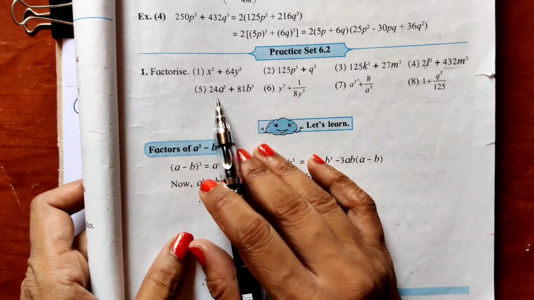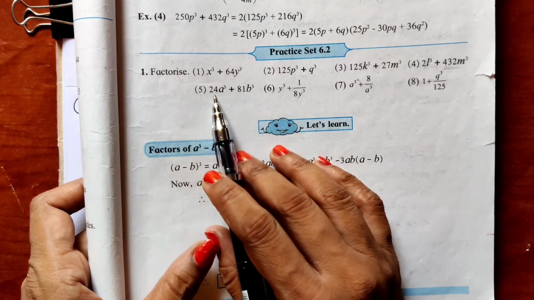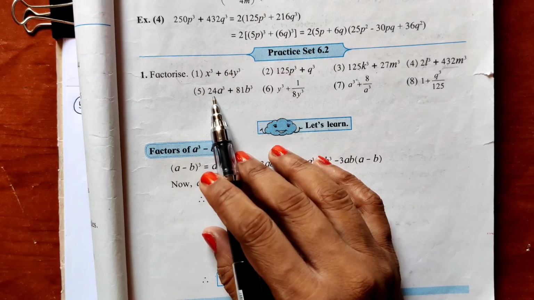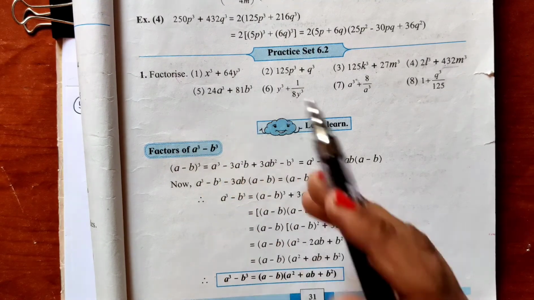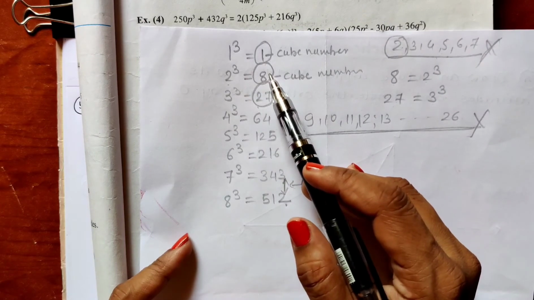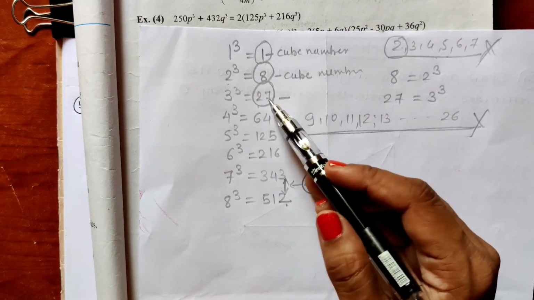Now the fifth sum, 24a cube plus 81b cube. Again we have to convert it into the cube format. But we can see here 24 and 81, both these numbers are not cubes of any number. Okay, we have seen that 8 is a cube, 27 is a cube.